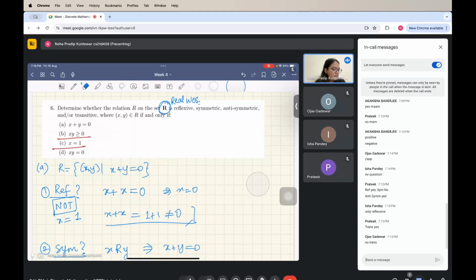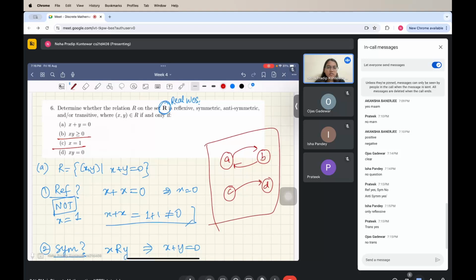Maybe I'll do it graphically. So let's say this is a relation which is represented by this graph. Now the question is, is this symmetric?